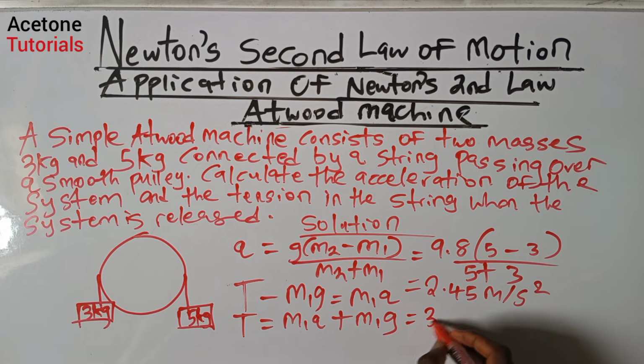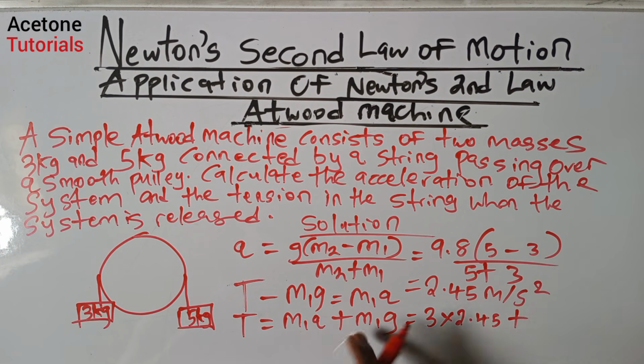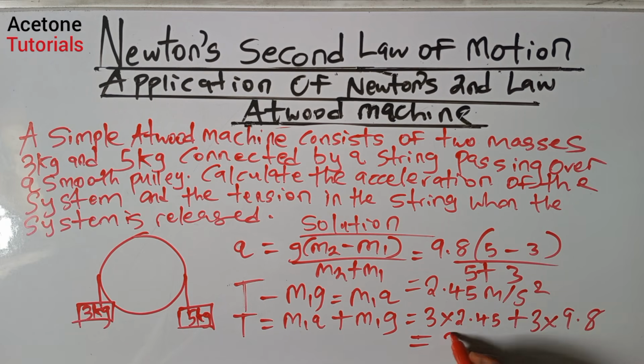So 3 times 2.45 plus 3 times 9.8 is 36.75 newtons. So that's the tension in the string.